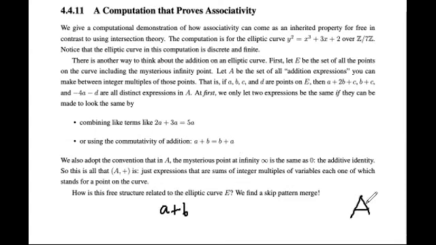So we're going to form a set, and we're going to say this set is the set of all sums of the symbols which represent the points. And we're going to say that these sums are associative and commutative, because we're just freely making what is called a free group on these symbols.